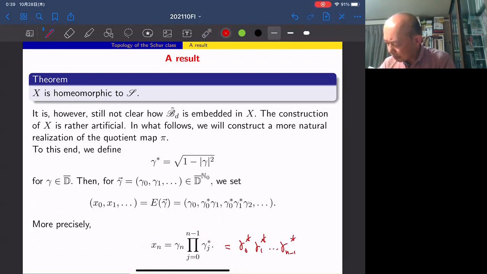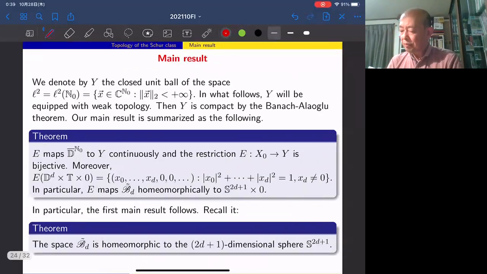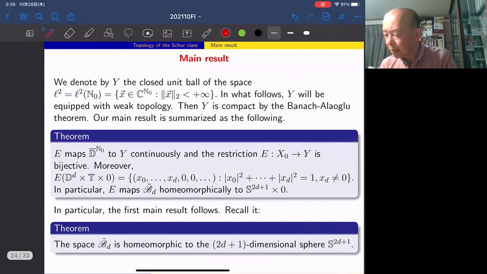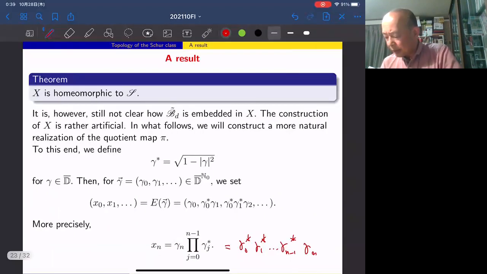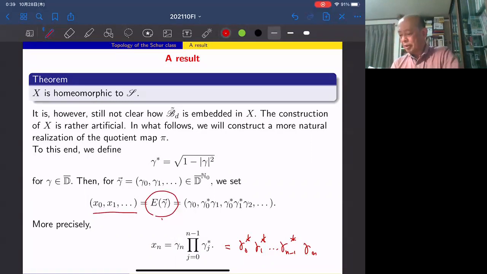A bit artificial, but anyway, we consider this quantity. And now we can state our main result. Maybe let me remind you of the definition of this mapping. This mapping is very important. So this vector will be denoted by capital E of gamma.